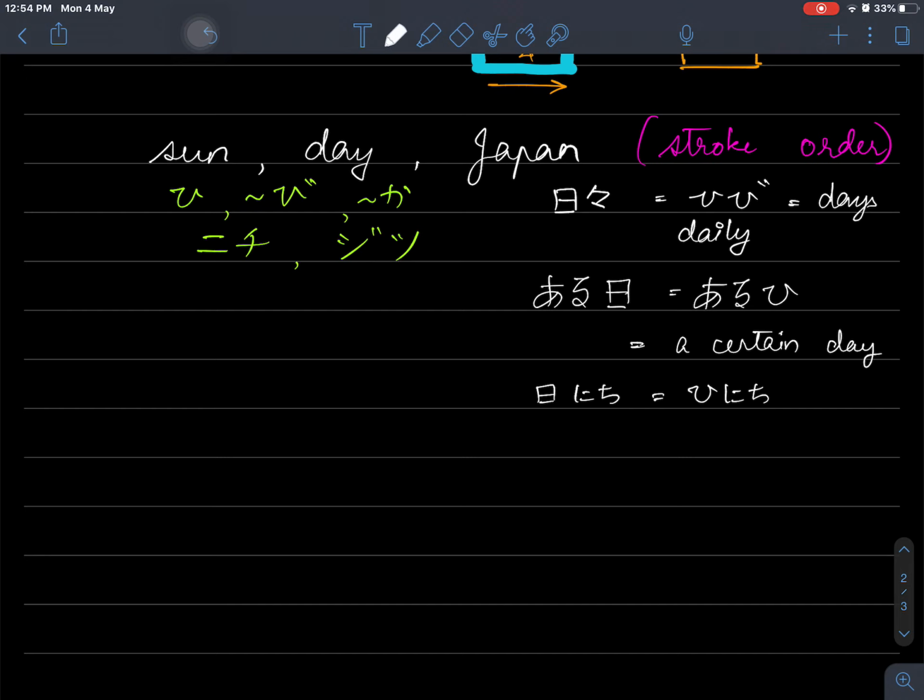Hinichi, which can be a particular date, although this is not the typical way in which date is referred to, or a number of days. Again, the number of days is also not a very typical way of saying number of days. By the way, these are all words given in the book itself, so if you have your book, you can follow along with me. A few more.